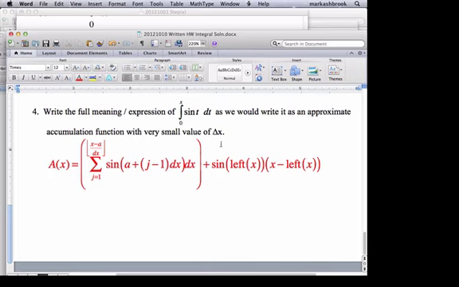The key was the expression as we would write it as an approximate accumulation function. It's okay if you wrote out a paragraph, but writing it as an approximate accumulation function was the long form that we built. So that was the idea of this problem. Other questions?